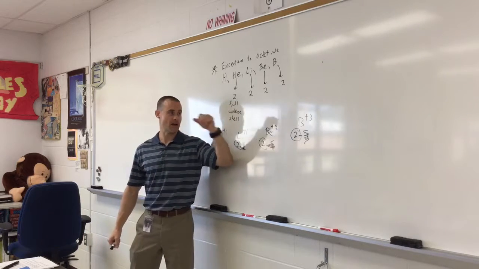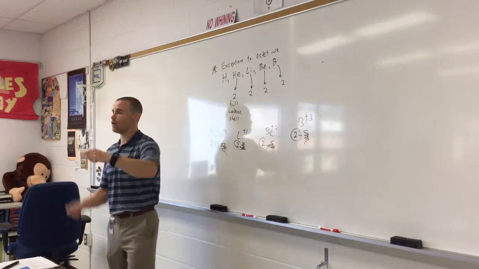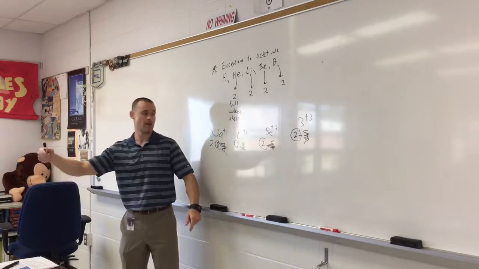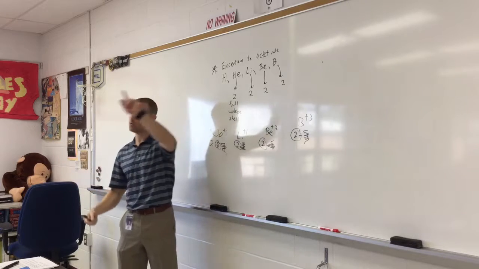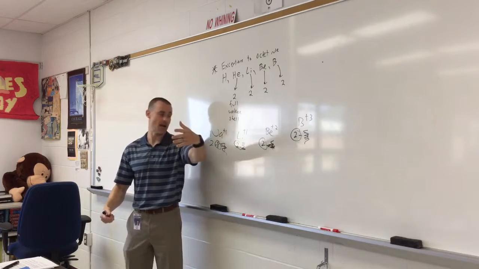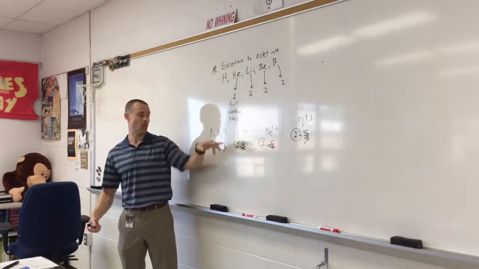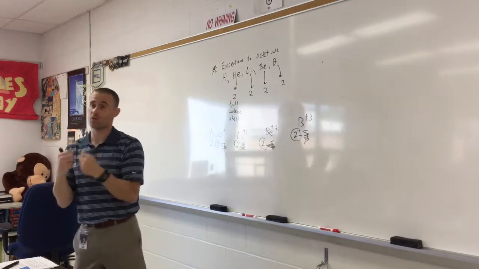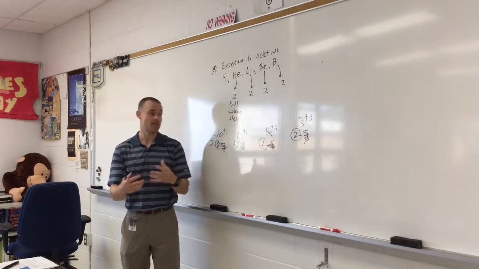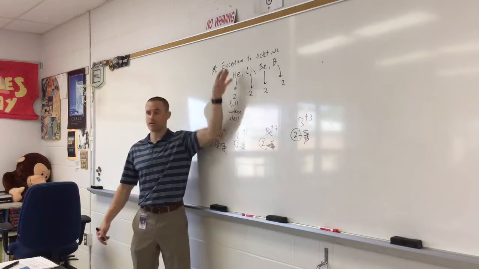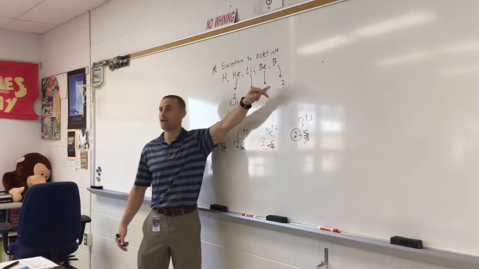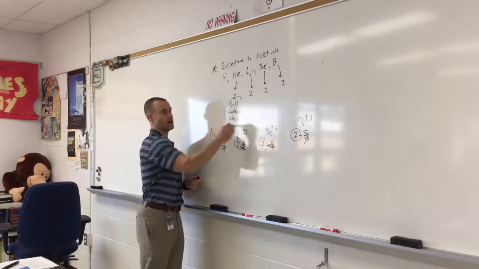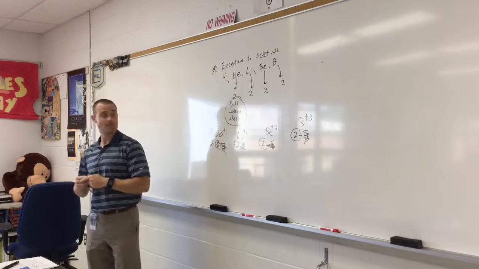So I've been kind of harping on this. Make sure you know where valence electrons are, how to find them, and what they mean. Group 1 has 1. That's why it's really reactive, because all it has to do is lose that 1 and it's stable. Group 17 has 7, because if it gains just 1 more, it's very stable. These are just weird exceptions. They could never achieve 8, but they still can be stable, and that's because of this term right here, full valence shell.